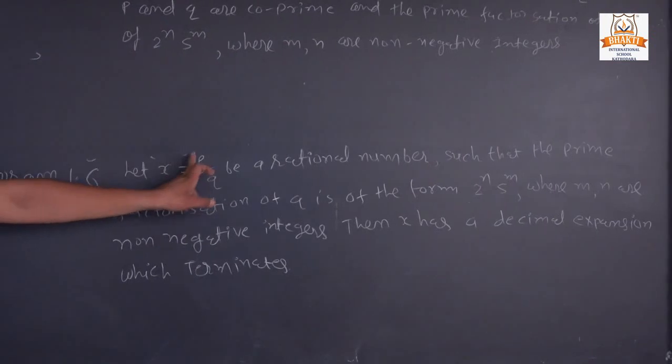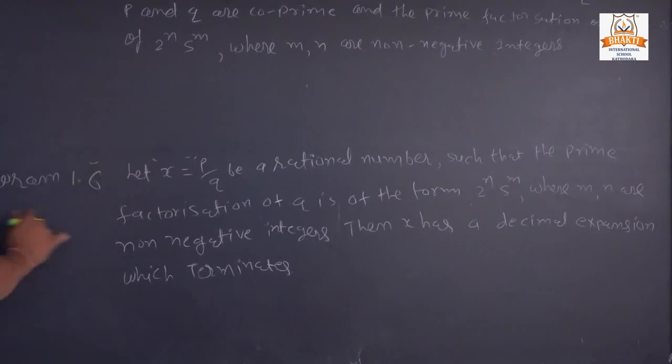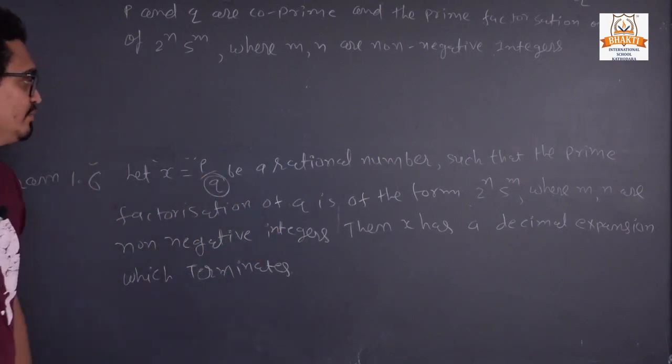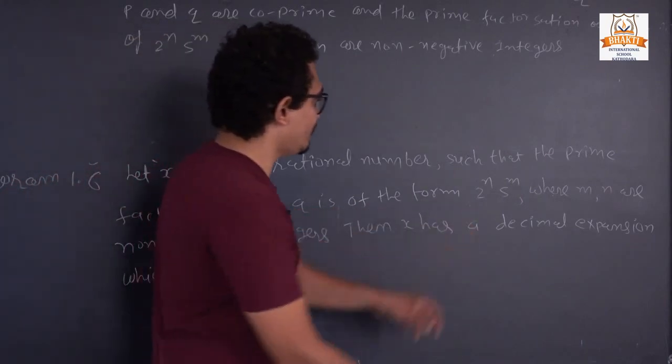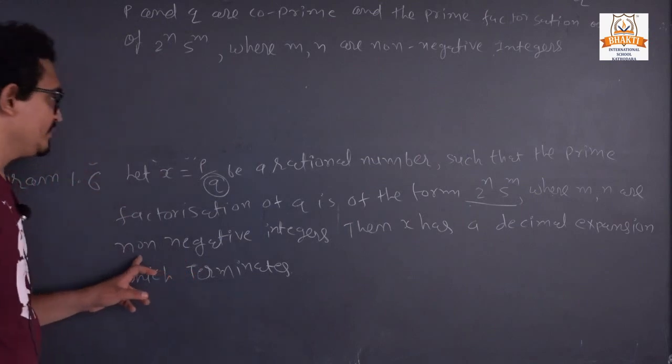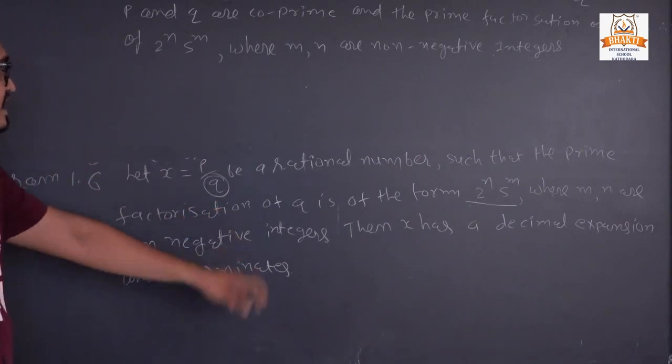Let x be equal to p by q. It means it is a rational number such that the prime factorization of q, meaning the denominator term, is in the form of 2 raised to n into 5 raised to m, where m and n are non-negative integers.